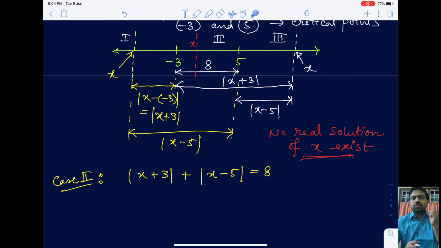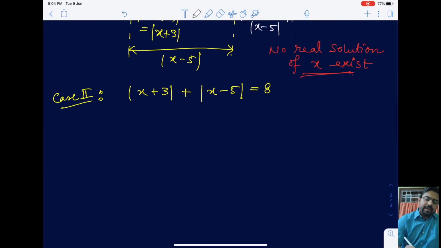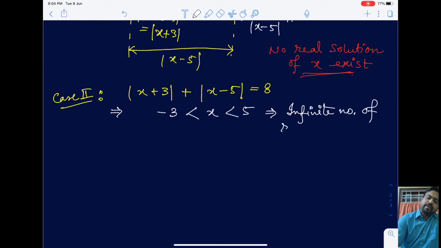So x has to lie in between -3 and 5. So how many real solutions will exist? There will be an infinite number of real solutions of x.